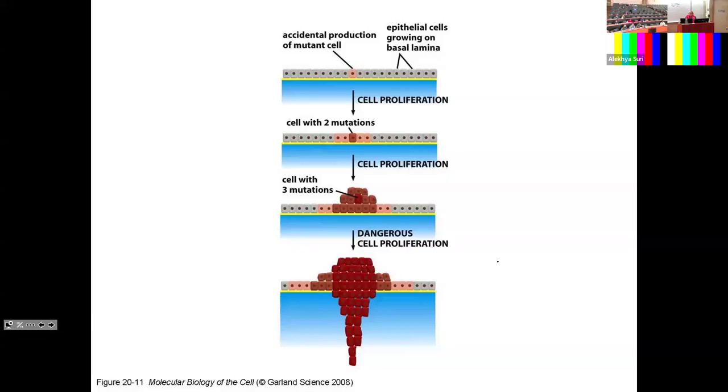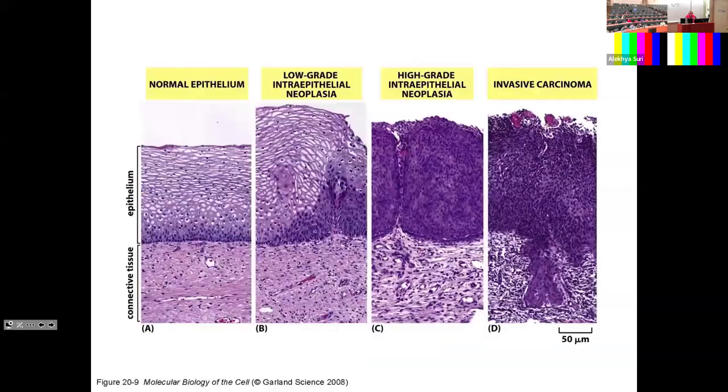That is why they say it is clonal, because from one cell that got DNA damage, and that DNA damage was not fixed, it passed to the progeny, and then you have first a clone, and then the whole origin from that original cell. So this is a malignant tumor because this is still benign, but then with more dangerous cell proliferation, it starts invading.